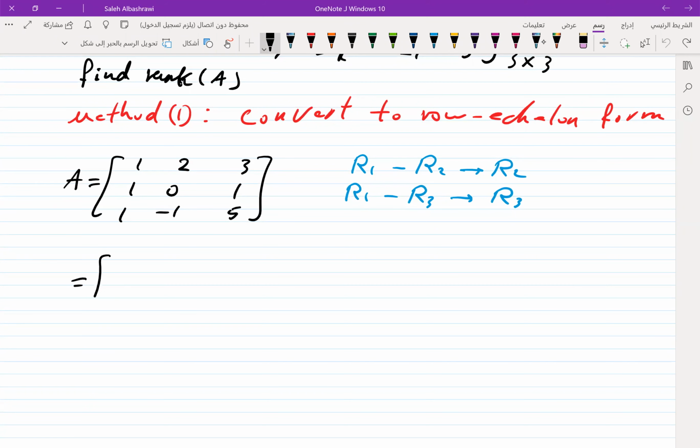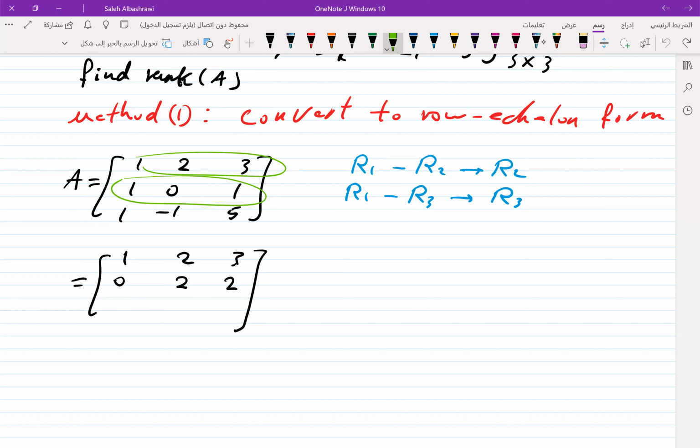The first row is unchanged: 1, 2, and 3. Now subtract the first and the second: 1 minus 1 equals 0, 2 minus 0 is 2, 3 minus 1 equals 2. R1 minus R2 gives 0, 2, and 2.